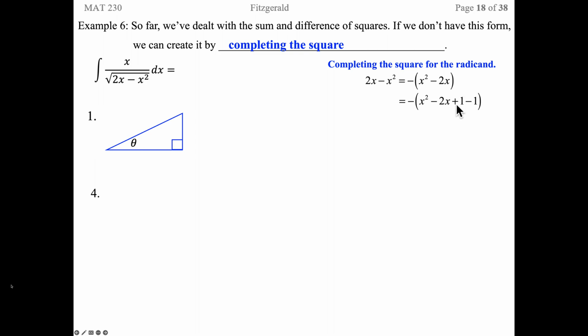So this trinomial is going to factor to x minus 1 squared, and this minus 1 will sit right here. Now we can distribute the minus sign back in to give us 1 minus, and here's our variable squared. It's just going to act as a binomial squared.